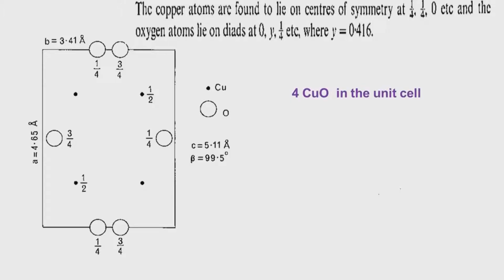So, what are all the things we need to know to determine the structure? We need to know what the molecule is, we need to know how the atoms are positioned with respect to the unit cell, we need to know how many special positions get occupied and how many general positions get occupied, and so on. So, suppose you have a structure like this. Let me draw it.